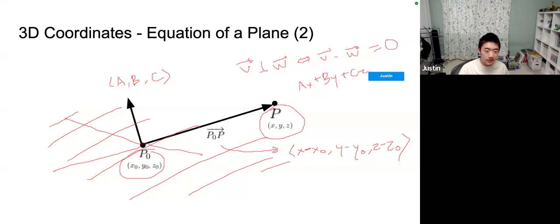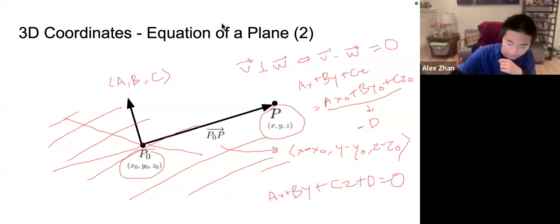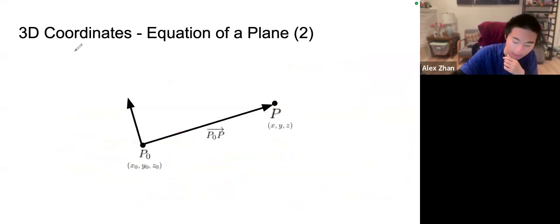Since these are perpendicular, this will be equal to ax0 + by0 + cz0, which is a constant we can call negative d. If you rearrange, that gives you ax + by + cz + d = 0. So that's the idea. We can later go over this concept after you have learned about vectors, maybe in 1 or 2 classes.